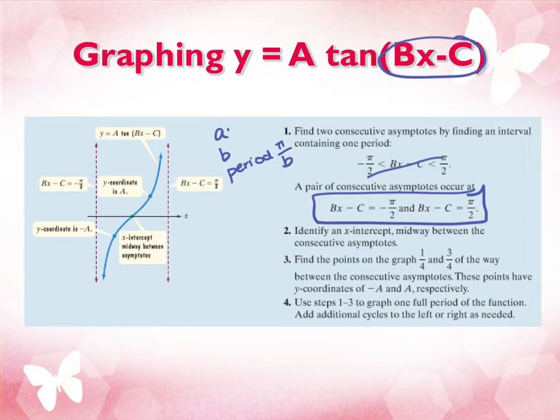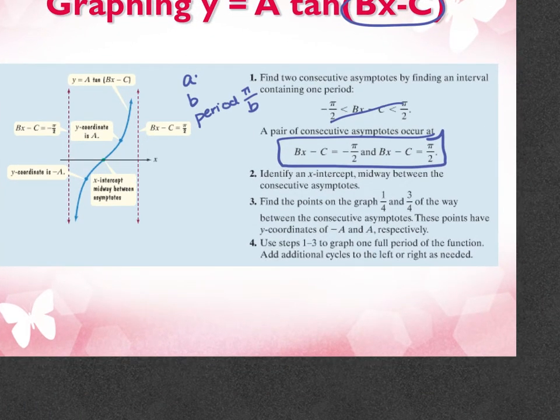So then once I get that, I'm going to take this pair that I got from here, these asymptotes. I'm going to subtract the period from the one on the left, and I'm going to add the period to the one on the right. And there you will have your 4 asymptotes. Then we're going to find our halfway point between each asymptote, and that's going to be your 0. How did you find the opposite?